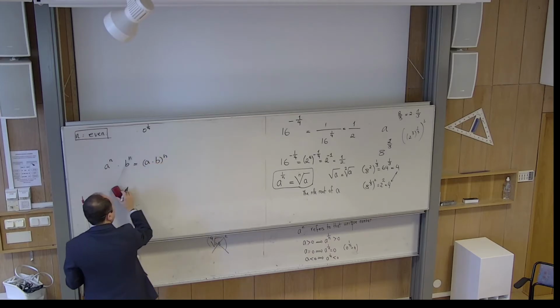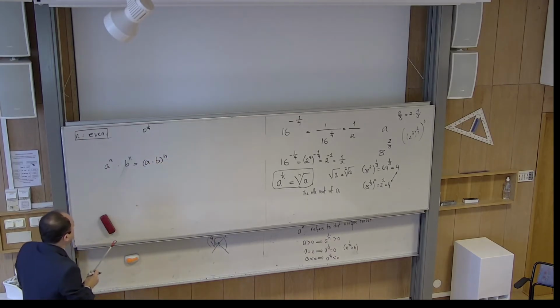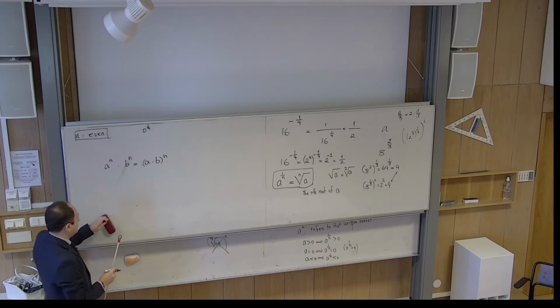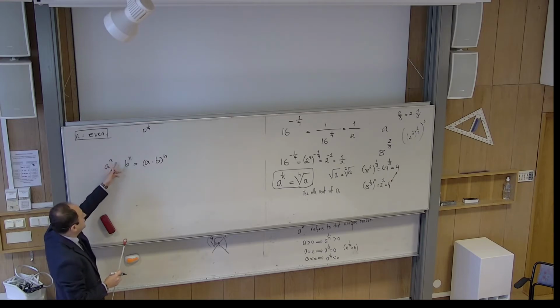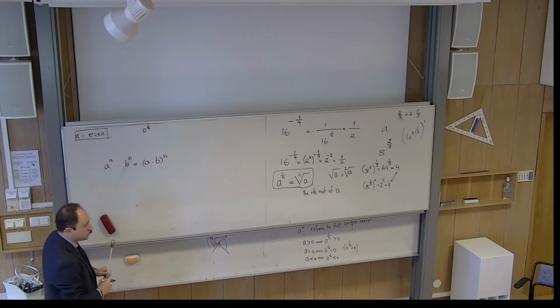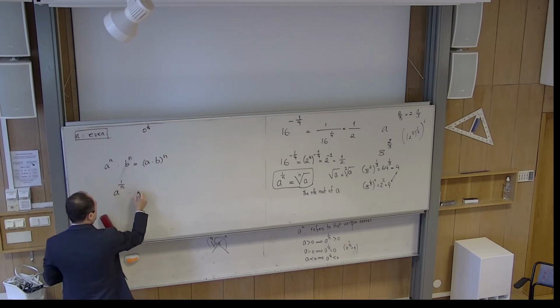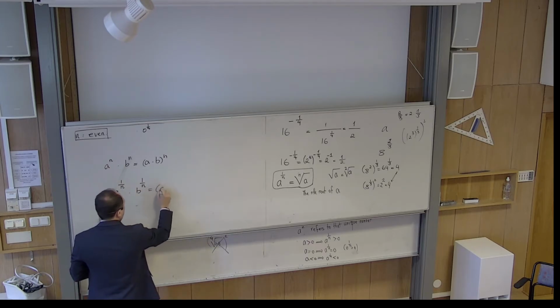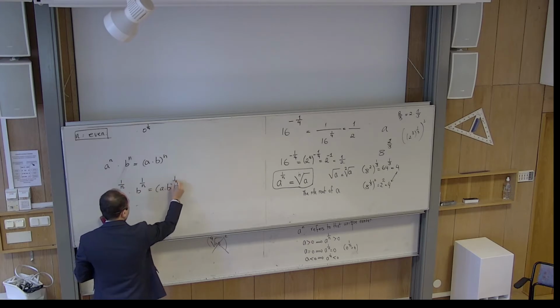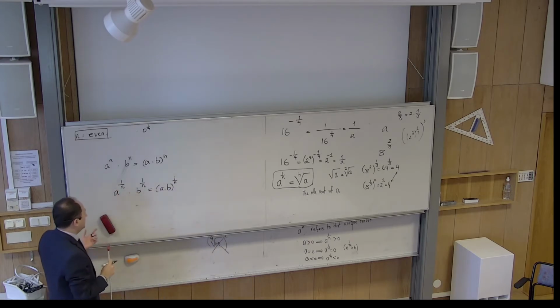This is one of the rules that we learned. I told you, without a rigorous proof, that this formula remains valid if you take fraction powers. So in that case, you can also write a to the power 1 over n multiplied by b to the power 1 over n, and this becomes a times b to the power 1 over n. So far, so good. There is nothing to remember.